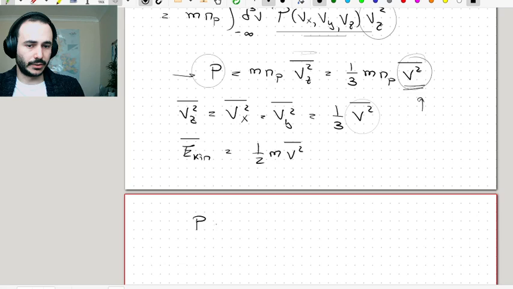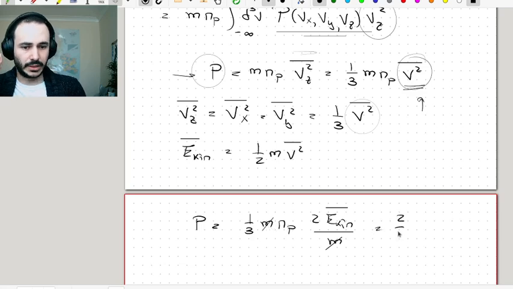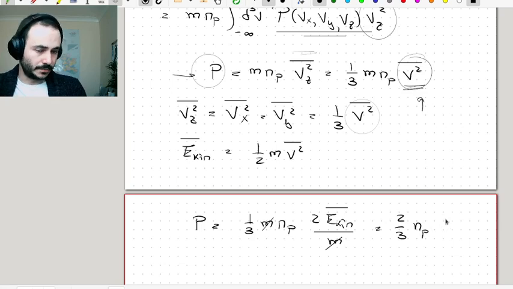So we can do that and say this is 1/3 of m n_p, and then this v squared is 2 times the average kinetic energy divided by the mass of the particle. The mass cancels with the mass, and what you get is 2/3 of the homogeneous density of molecules in your system times the average kinetic energy per molecule.